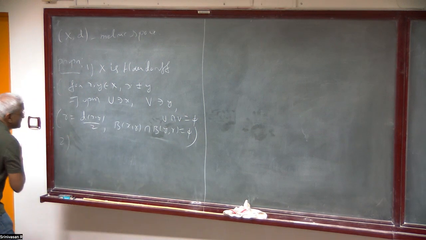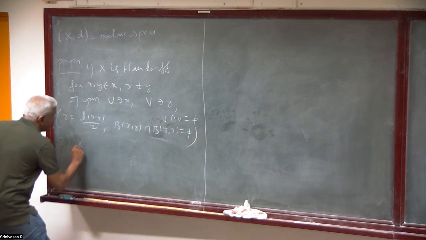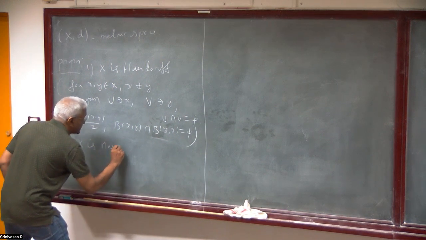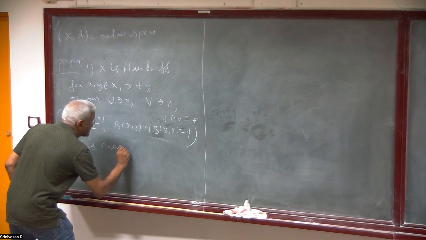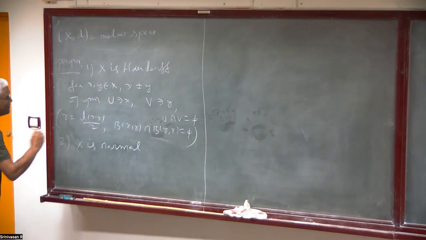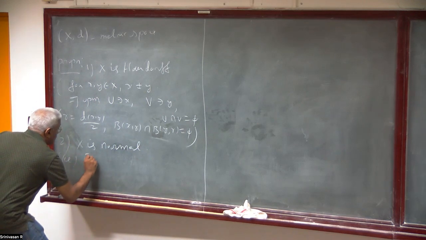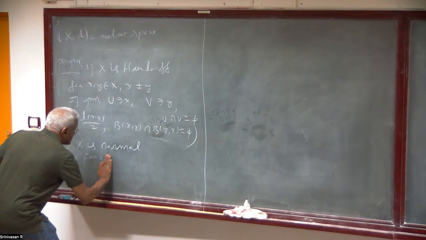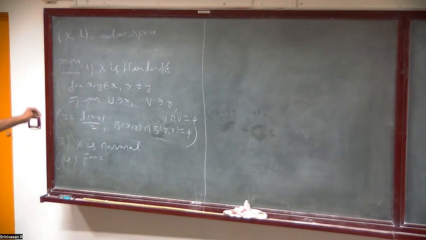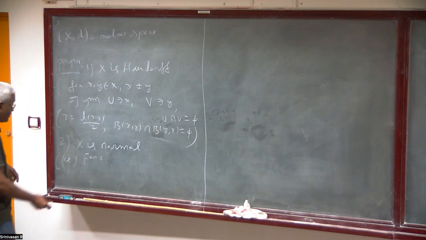The second one is: any metric space is normal as a topological space. Normal means, since singleton sets are actually closed sets, whatever is true for singleton sets is true for any closed set. That's what we are going to prove.